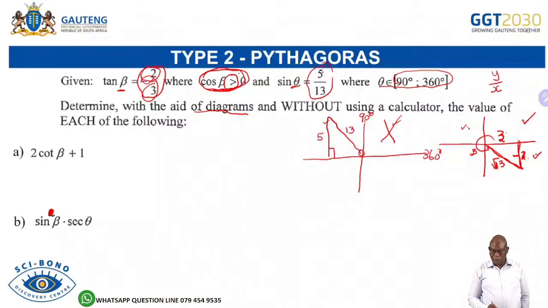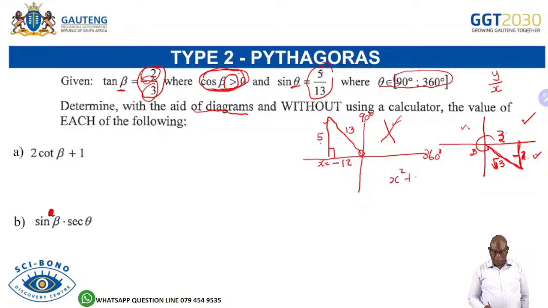Now the x value, if I work it out by theorem of Pythagoras, is 13 squared, it's 169, minus 5 squared, which is 25, and 169 minus 25 is 144. Square root of 144 is 12, but this side must be x equals -12. Okay, but still you have to work it out.